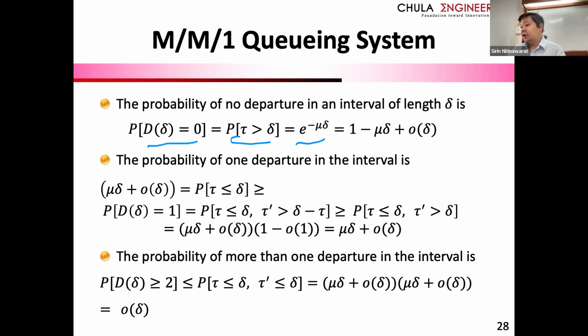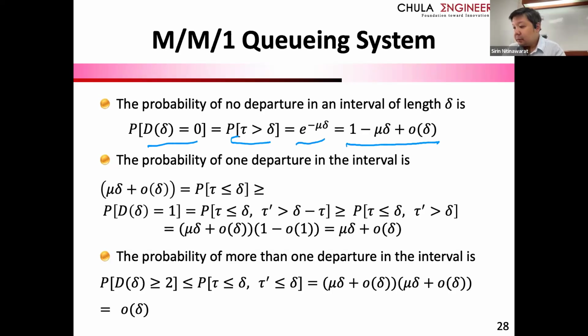So now it's just changing lambda to mu. So you get the same expansion: the probability that there's no change in D of t for a very small interval delta is very close to 1, except for a linear term mu times delta.